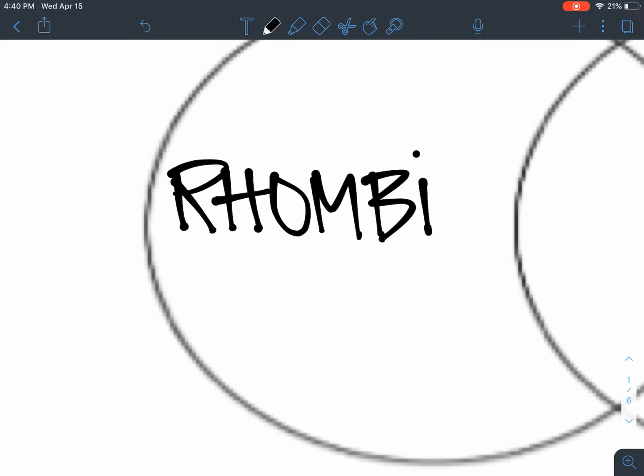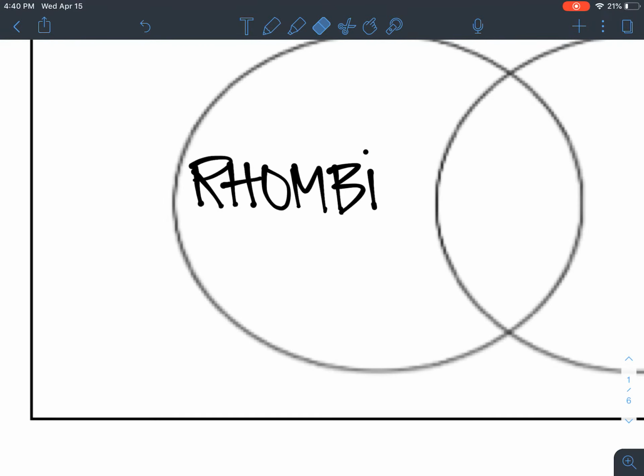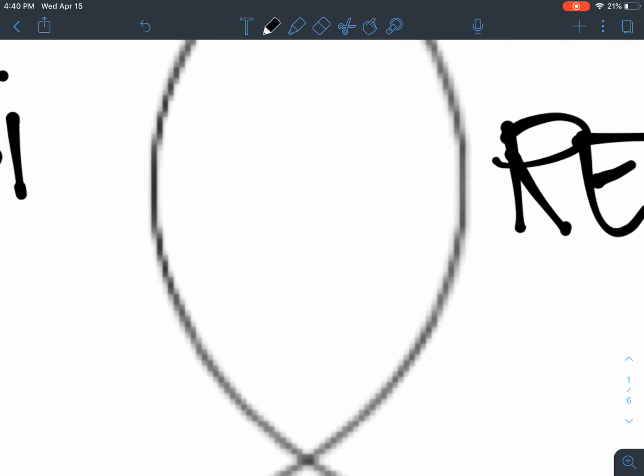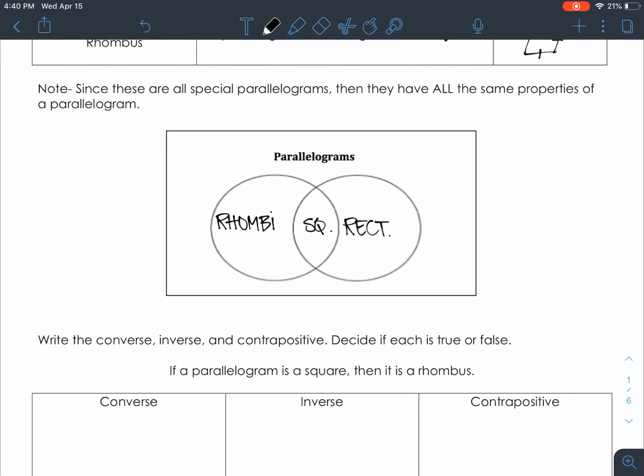I think it's spelled with 1 i, not positive. Then we have rectangles over here, and where they overlap is the square. So the only time a rectangle can be a rhombus is whenever it's a square.